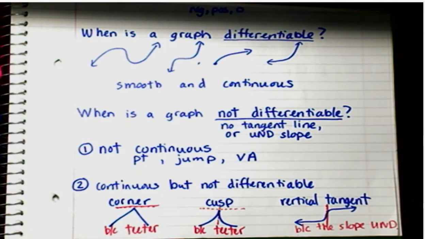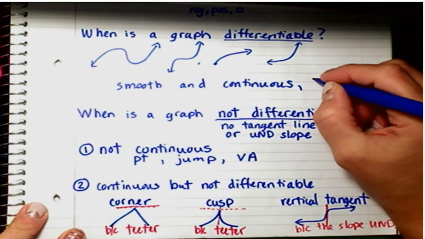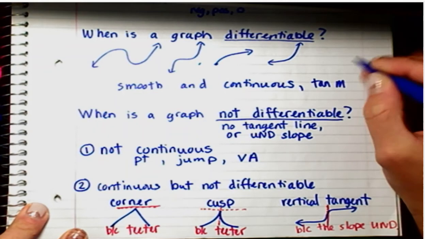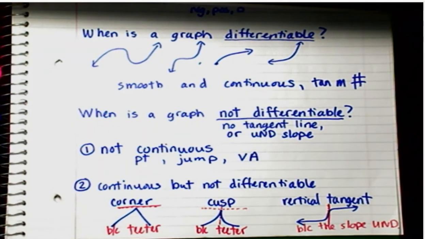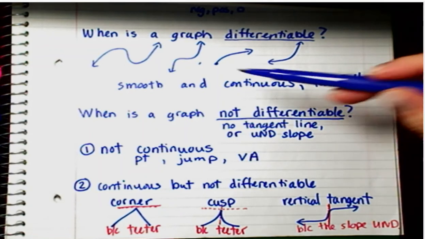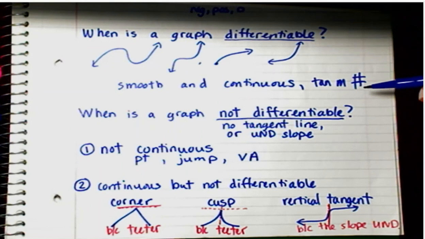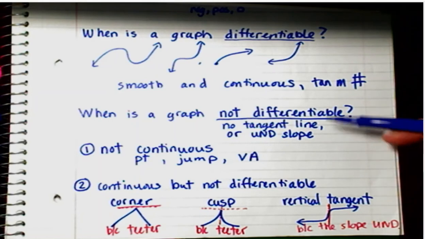So smooth and continuous, tangent slope is actually a number. You've got to figure out how to tell these things apart. Smooth, continuous, tangent slope is actually a number. Undefined's not a number. That reminds me to put it in the not differentiable category.